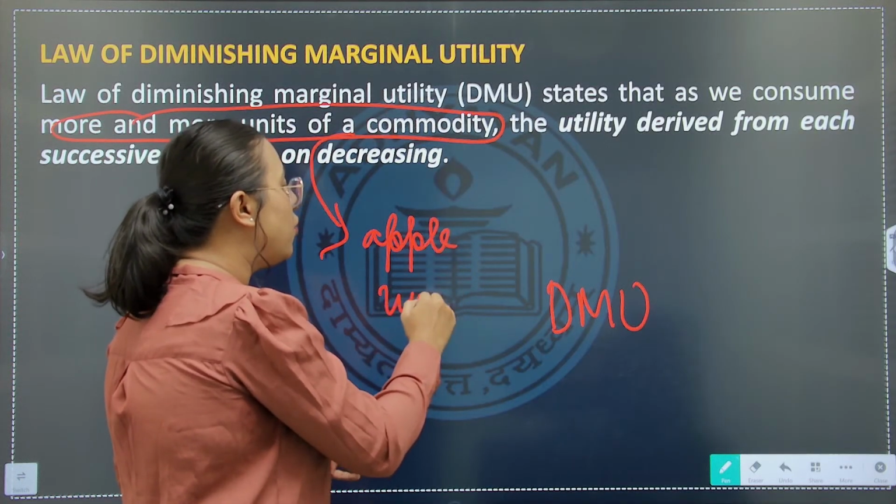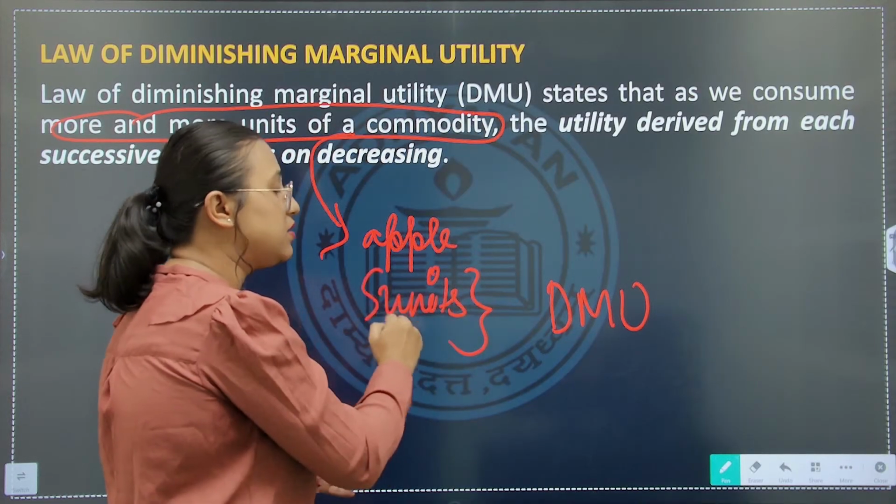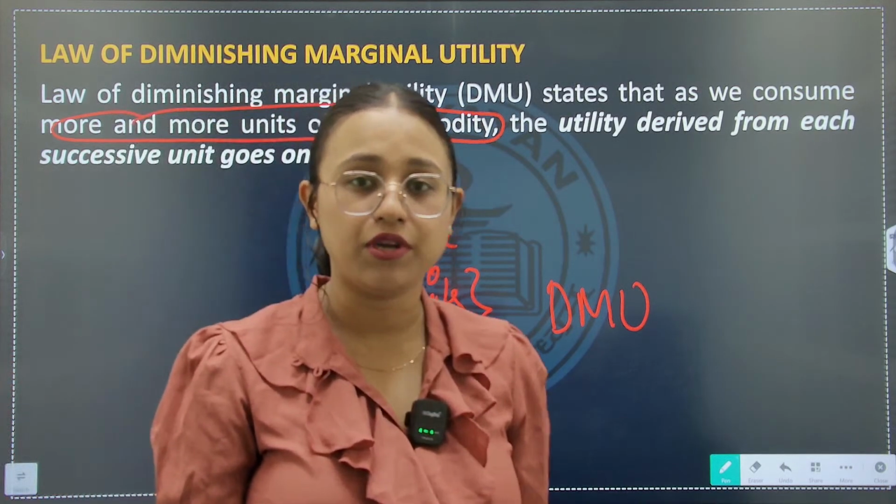It talks about consuming different more and more units of the same commodity, Apple. It's not more and more of different commodities.